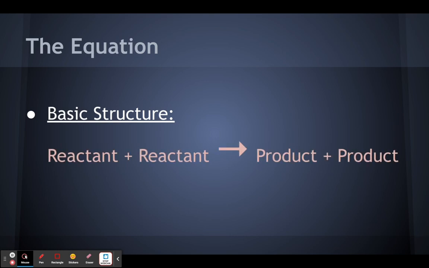The basic structure of a chemical equation, you'll write this down where it says reactant plus reactant, an arrow, product plus product. And what it's really telling you is that whatever you're mixing is going to be on the left of the equation, and whatever comes out is going to be on the right of the equation.